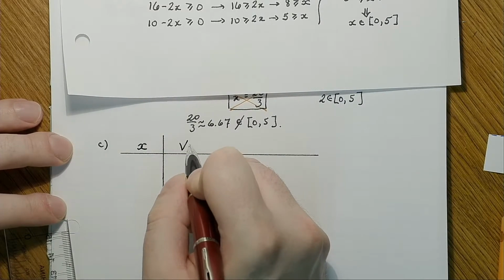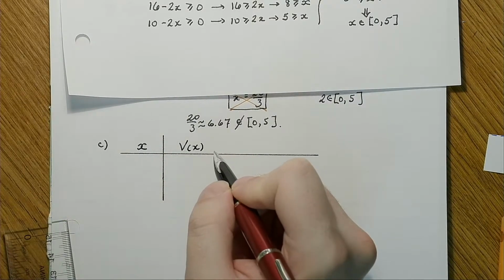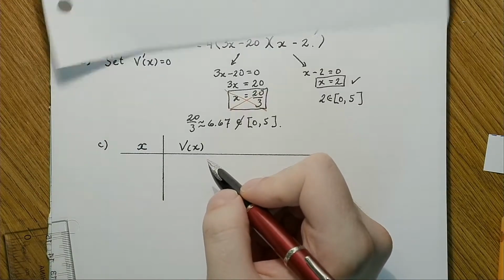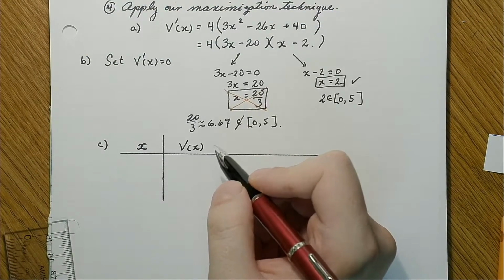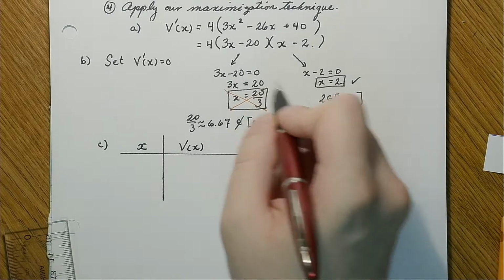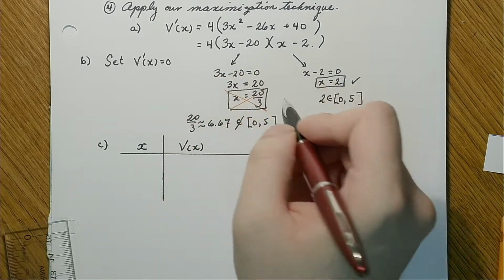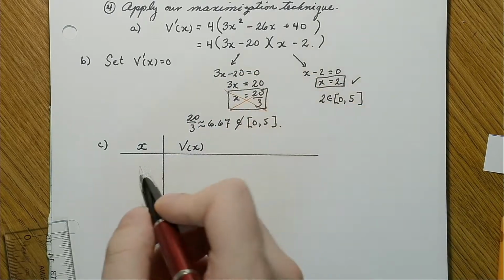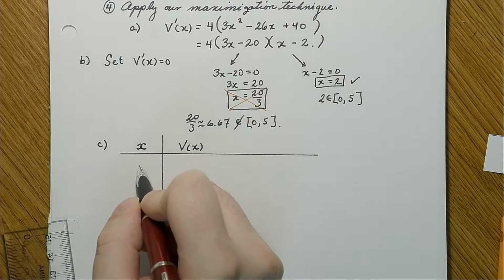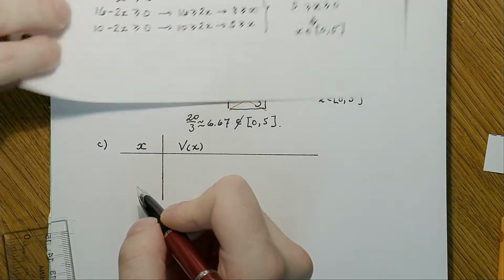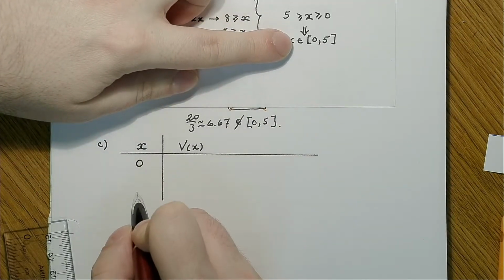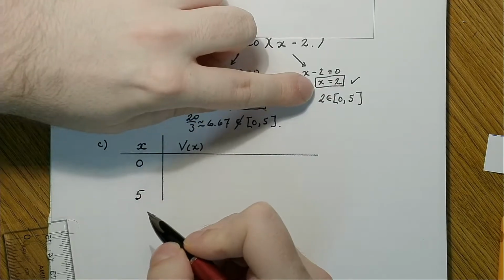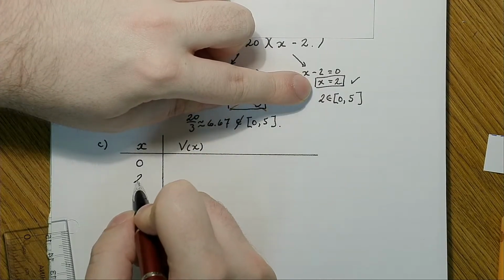Here is my v of x. Now again, this is the original function. I want the values of the original function, not the derivative, because the derivative is telling me where to look in the original function. So I know where to look now, and I know that my interval is from 0 to 5, so those are my two endpoints. And I also have a critical value to investigate, which is 2.